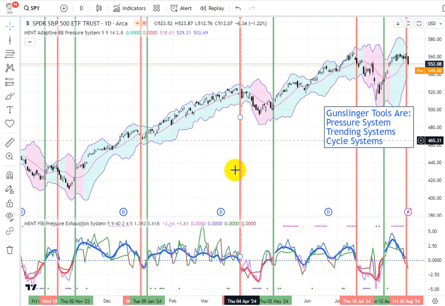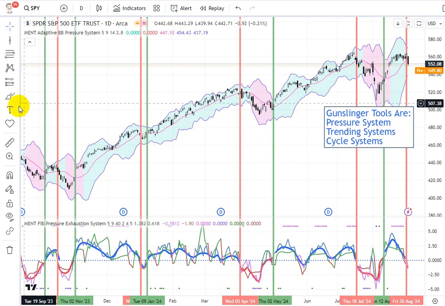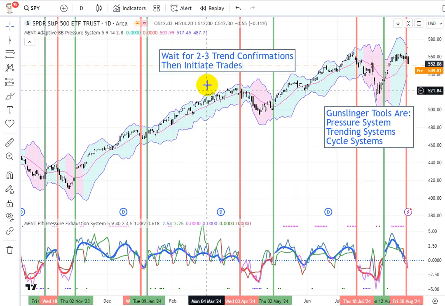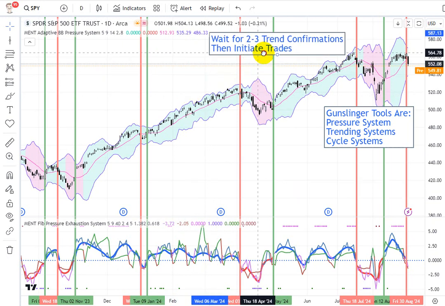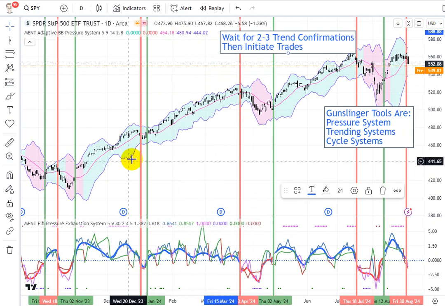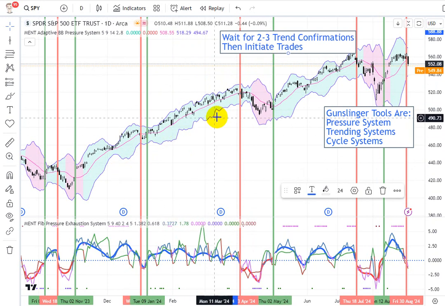When we're in a confirmed dual, the way I am using this is to wait for 2 to 3 trend confirmations, then initiate trades. So what you're looking for is essentially waiting for multiple trending systems to generate triggers confirming an up and or downtrend. So this gives us the opportunity here to watch for trending.